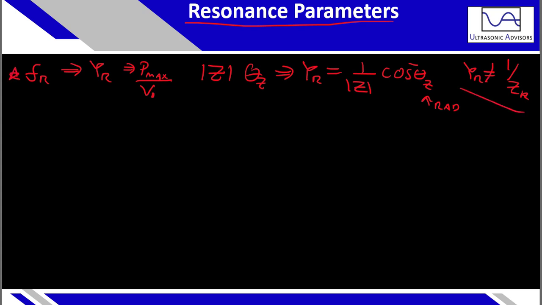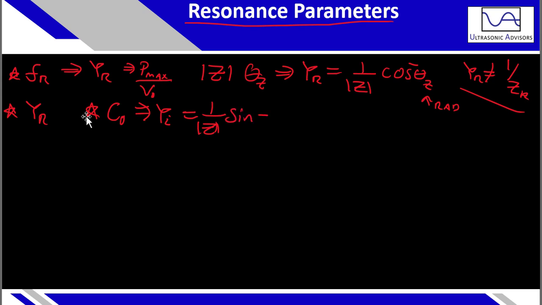So once you've found your resonant frequency, the next step is to note your real admittance. You can also take a look at finding the parallel capacitance from the imaginary admittance, which is calculated with a similar value, using this formula: 1 over the impedance magnitude multiplied by the sine.